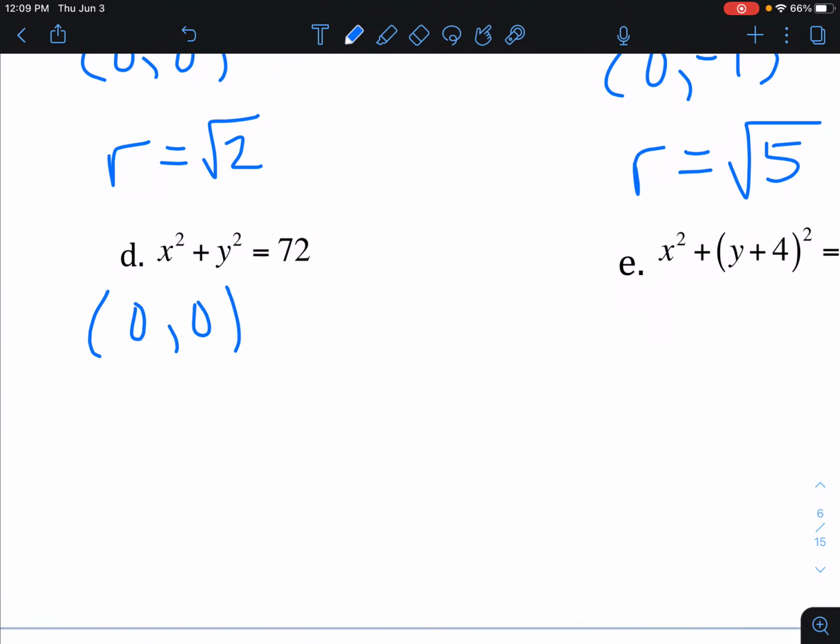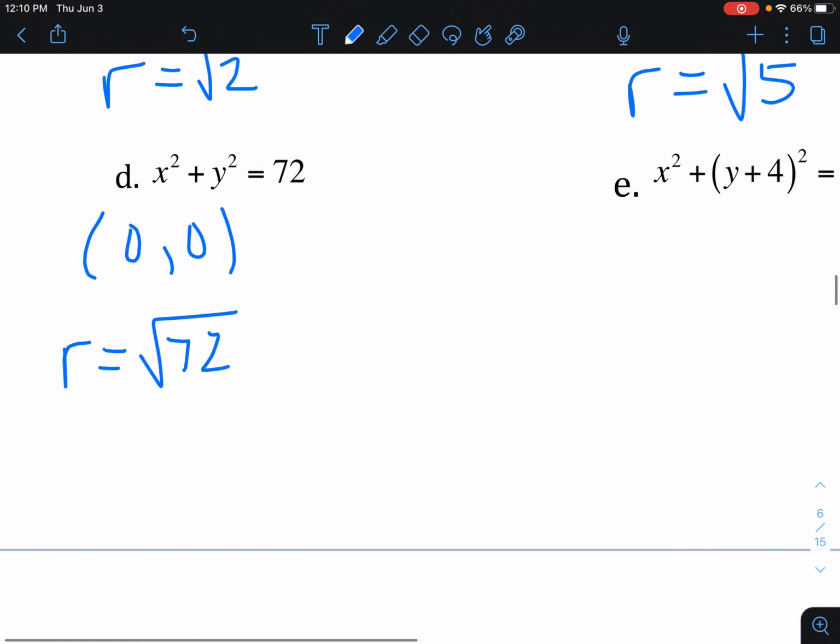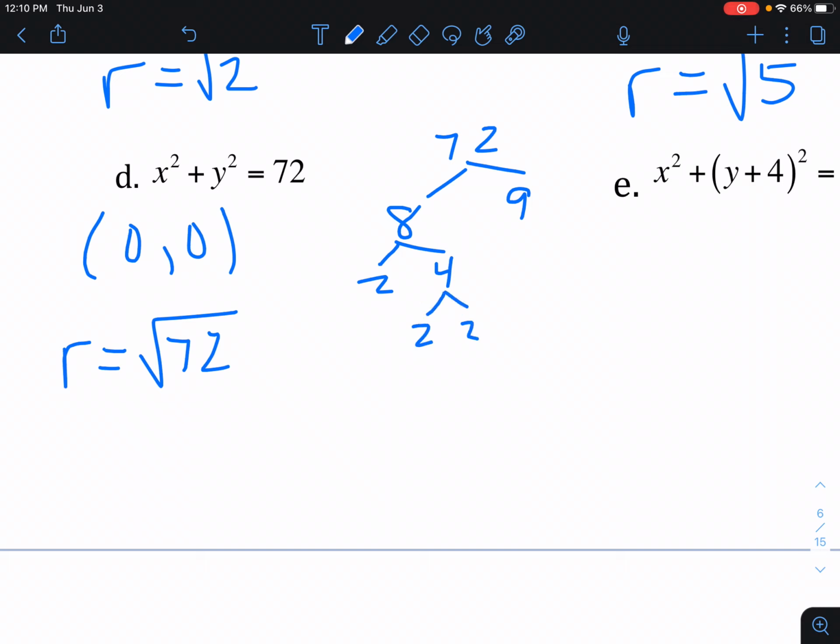0, 0. And then the radius, you have to take the square root of 72. Now I know this guy will simplify. So I divide using prime numbers, say 8 and 9. 8 can be 2 and 4, 4 can be 2 and 2. And 9 can be 3 and 3. So remember, 2 of a kind can come out.